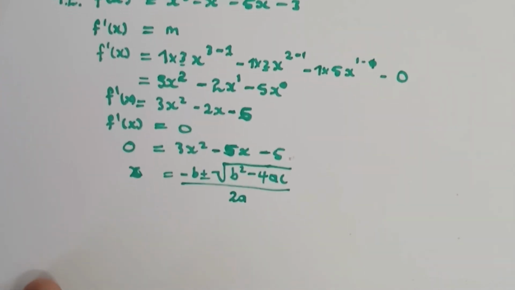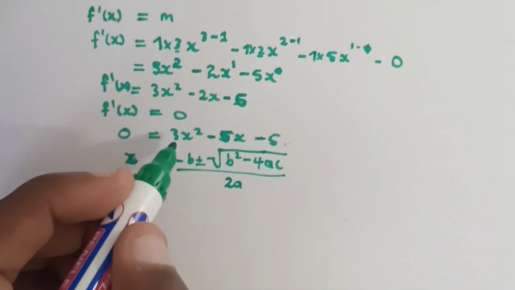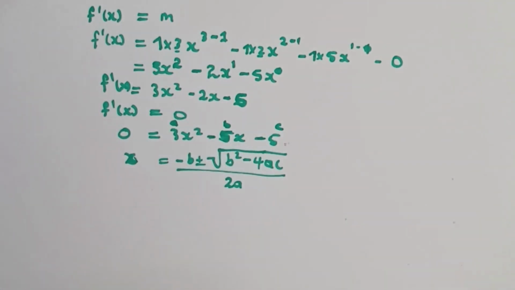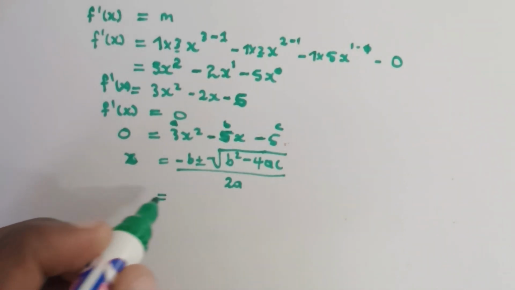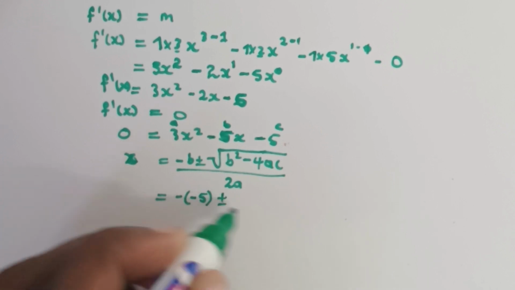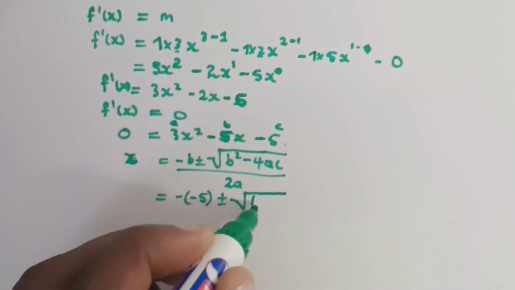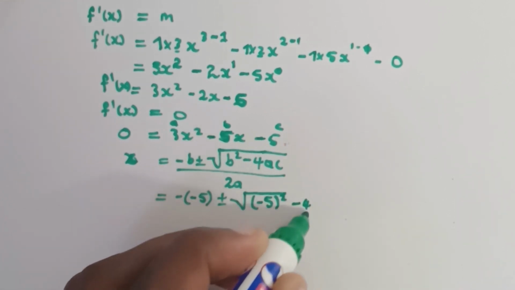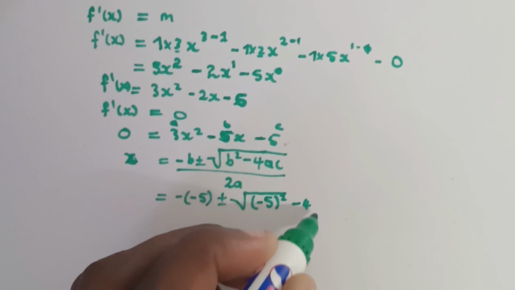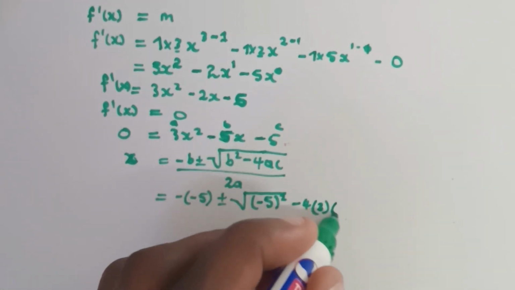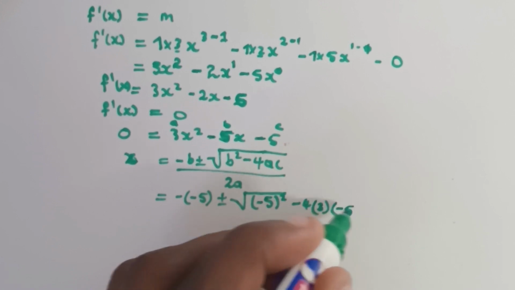So now let's plug in everything. Here is our a, our b, and then our c. So we'll take each with its sign. So now we say negative b, negative into negative 5, and then plus or minus the root of negative 5 again, squared, and then negative 4 into a, which is positive 3, and c is negative 5.